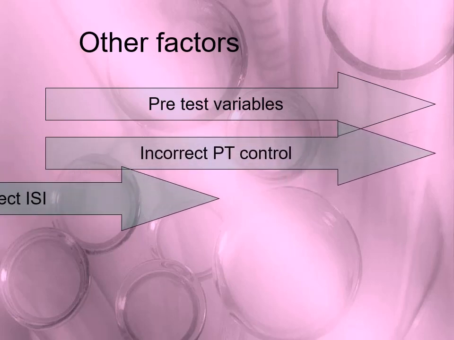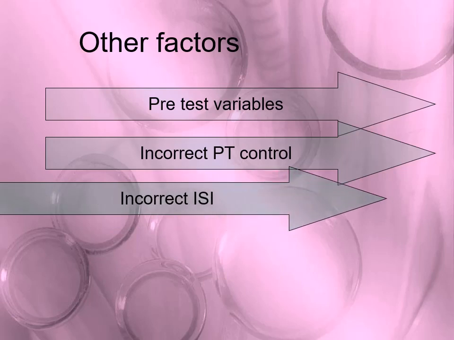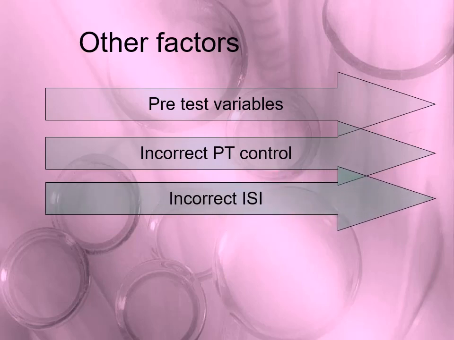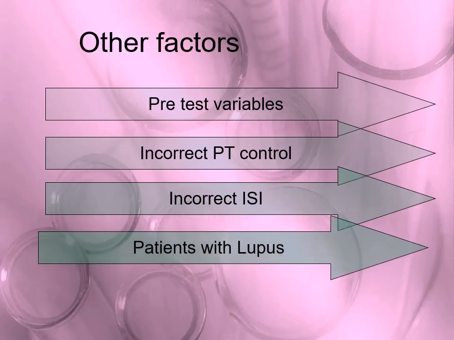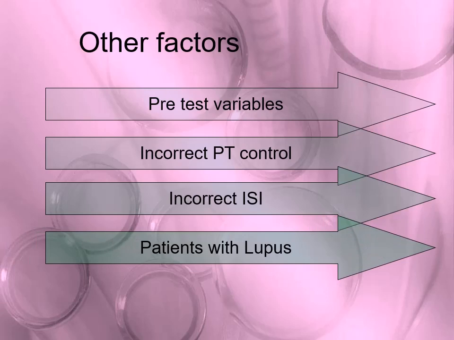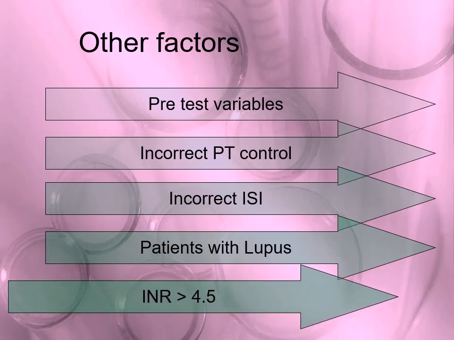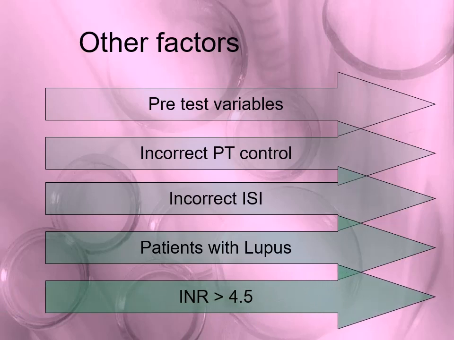Also, it could be due to an incorrect ISI of a local thromboplastin reagent. Also, INR is not reliable in a patient with lupus disease. Also, results of INR over 4.5 are not reliable.